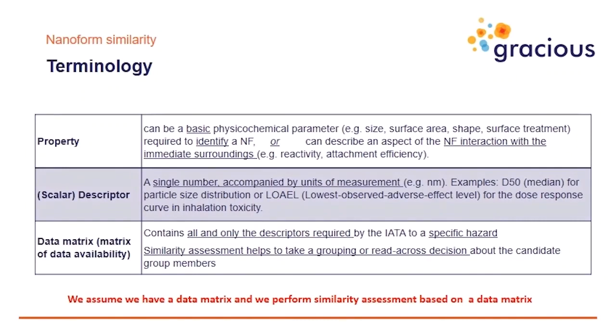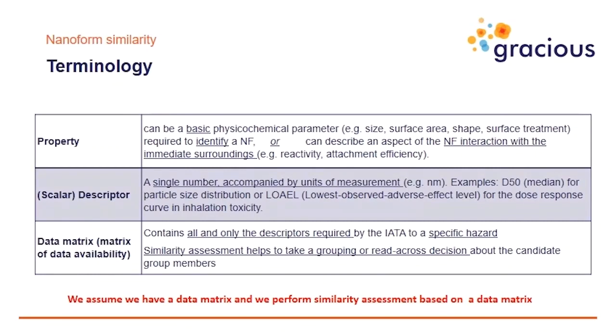A scalar descriptor is a single number accompanied by units of measurement, for example, nanometers. Examples are the median of particle size distribution or the lowest observed adverse effect level for the dose response curve in inhalation toxicity.